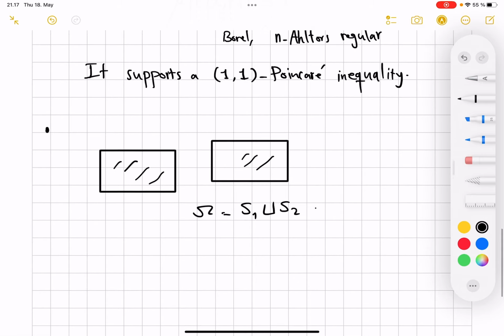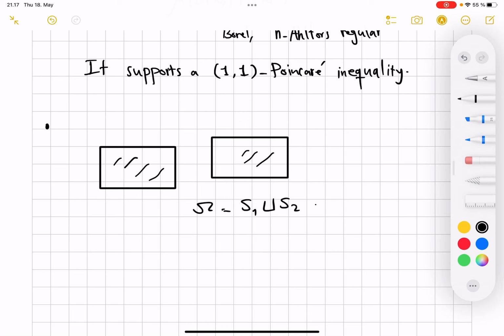Now you see that the space is not path connected, so definitely it's not quasi-convex. The shortest path between these 2 points has infinite length. There is no such thing. It's the infimum of the empty set. But locally everything looks good. The measure is still Ahlfors regular, so the measure behaves quite nicely.